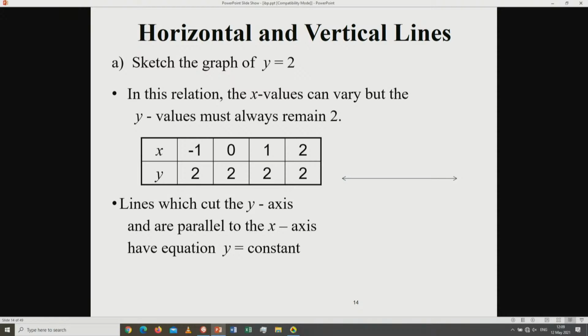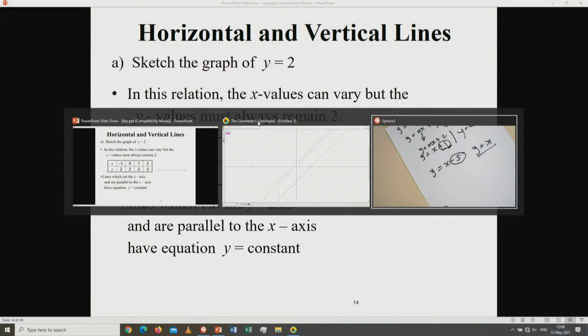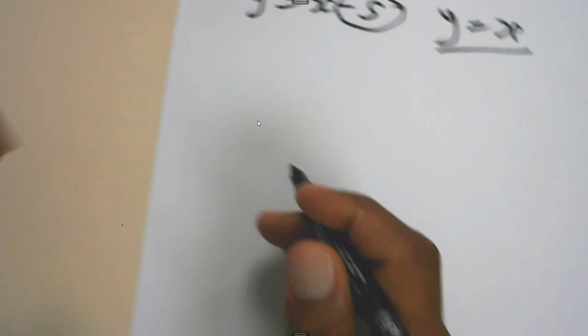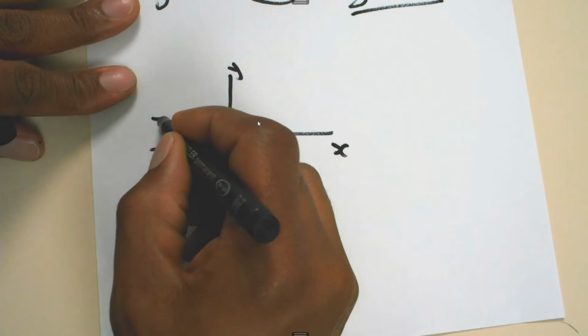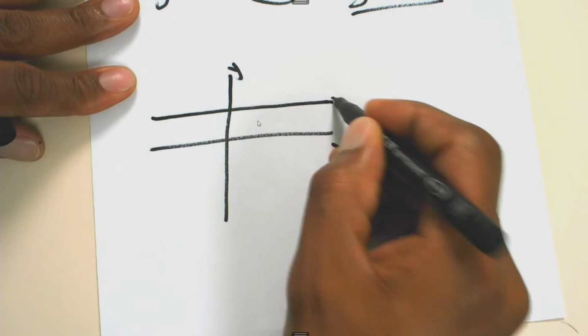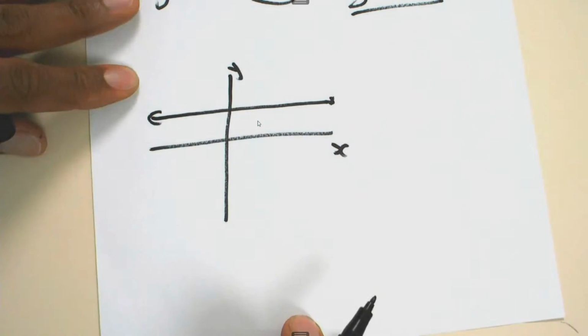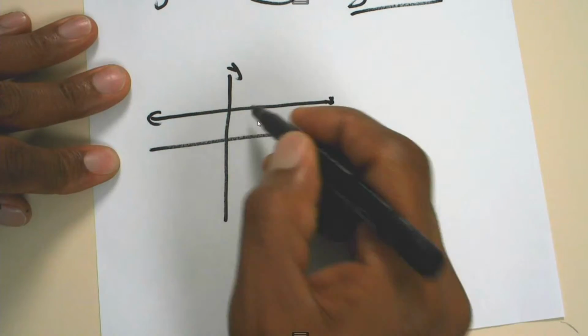A line that is parallel to the x-axis has the equation y equals a constant. Maybe I need to indicate this when I talk about parallel. Remember, this is the y, this is the x here. The line that is parallel to the x-axis is like this, you remember parallel from grade 8 and grade 9. So this is the line that I'm talking about.